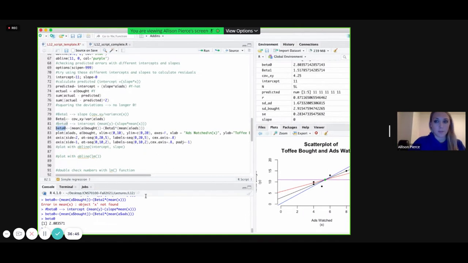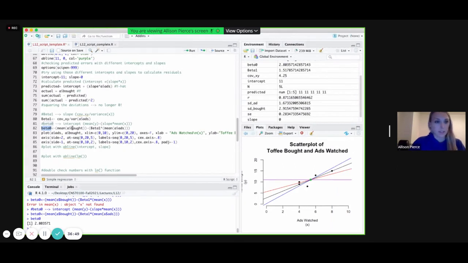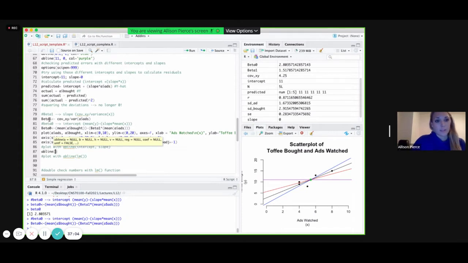You guys getting something similar? 2.803, I guess. So I'm actually going to capitalize this, just to stay consistent. Otherwise, I'll never remember how to do this. So now let's see if we add abline with the beta, our slope and intercept that we calculated.